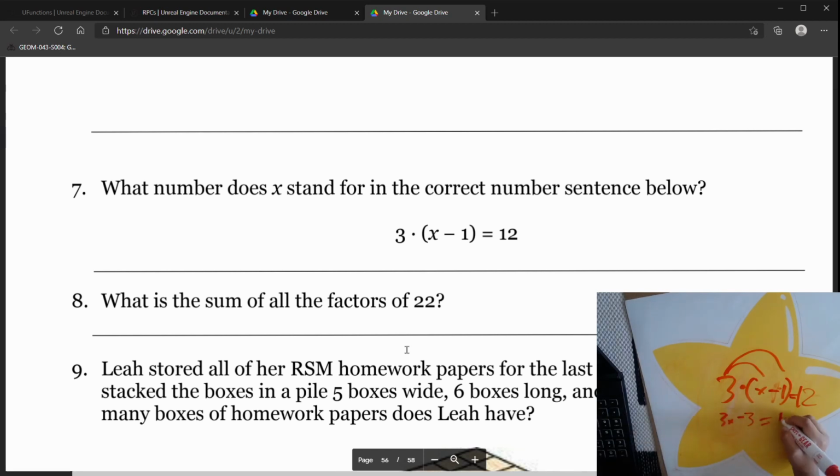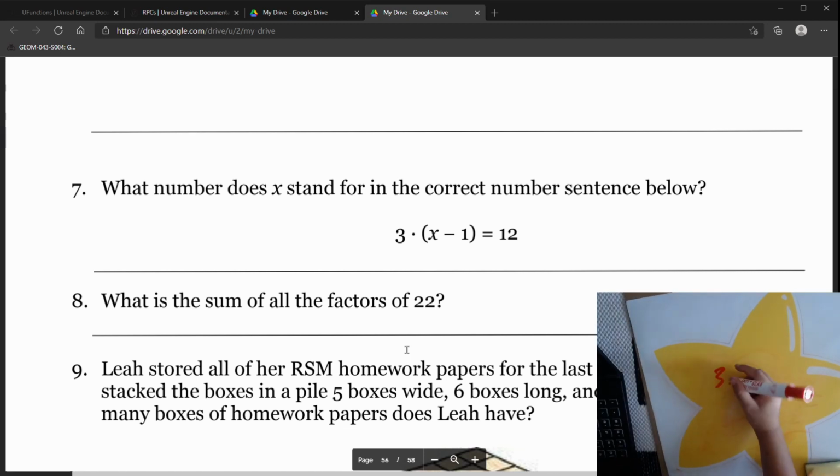minus 3 equals 12. If we send minus 3 over here, it would become positive 3. So that would be 15. So our next step right here is 3X equals 15. And so our answer right here would be 15 divided by 3. That would be 5. So the answer is 5. And we can check this.